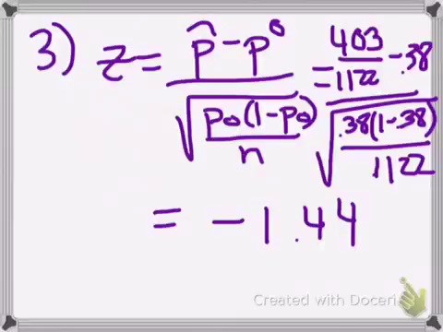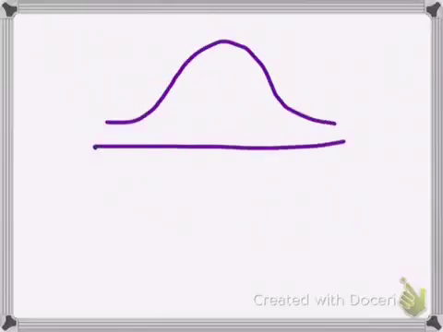So let's think of that negative 1.44 for our Z, and I'm going to draw a picture of a Z curve. We have a left tail test. 0.05 was our alpha level. If I look in the body of our Z table for 0.05, or on your calculator, inverse norm 0.05, you get negative 1.64.